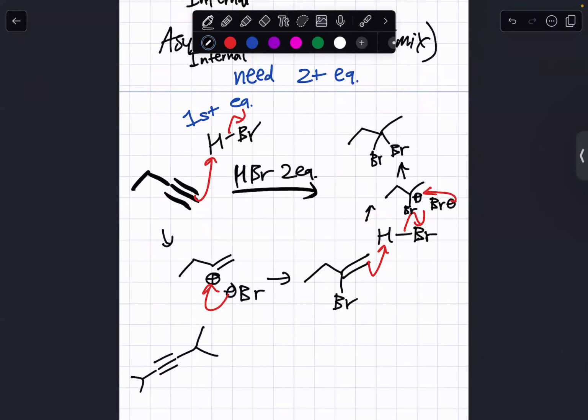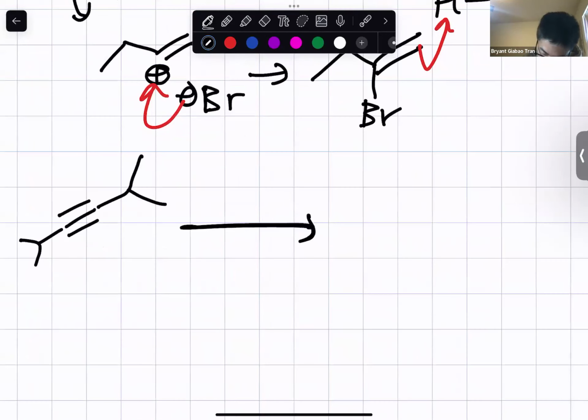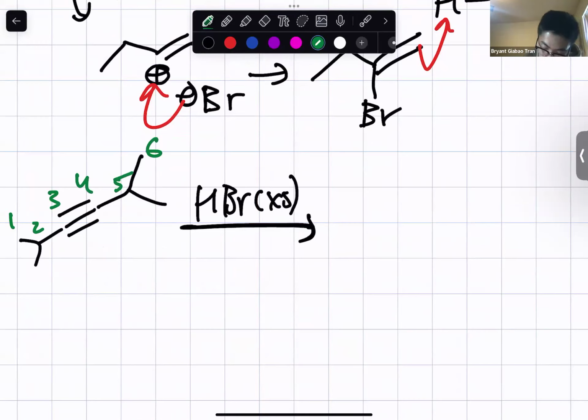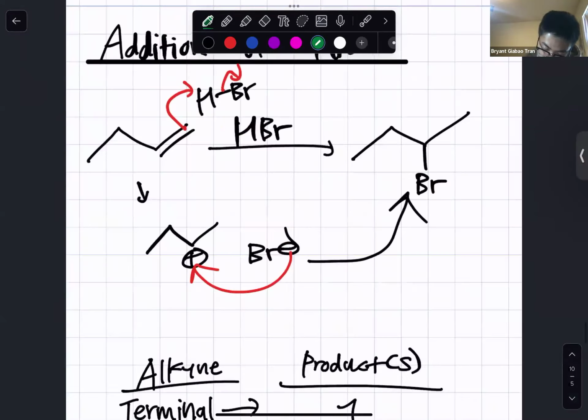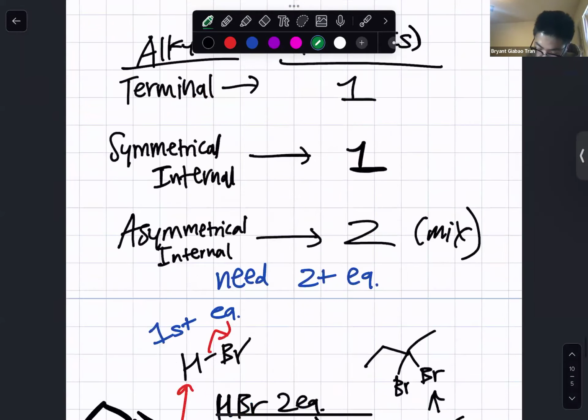Okay, thank you. Yeah. Where for internal, let's say we have an excess amount of HBr or 2 equivalents. Let's say this is 1, 2, 3, 4, 5, 6. Our product is always going to be a geminal dihalide on the more substituted side of the alkyne.